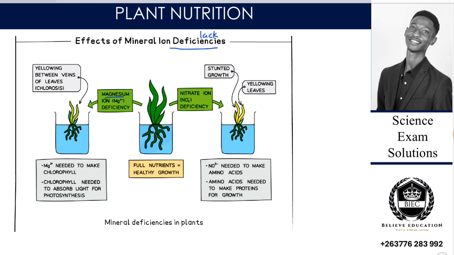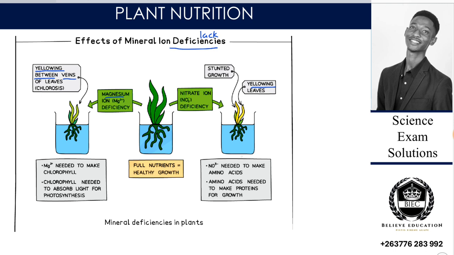So in nitrate ion deficiency, we see that the leaves become yellow leaves. Are we together? Yellow leaves. So the difference there is that the yellowing of chlorosis is between the veins. Between the veins, that's where we are seeing the yellowing, right? But for the nitrate ion, we are seeing yellowing of leaves. The whole of the leaf would become yellow.